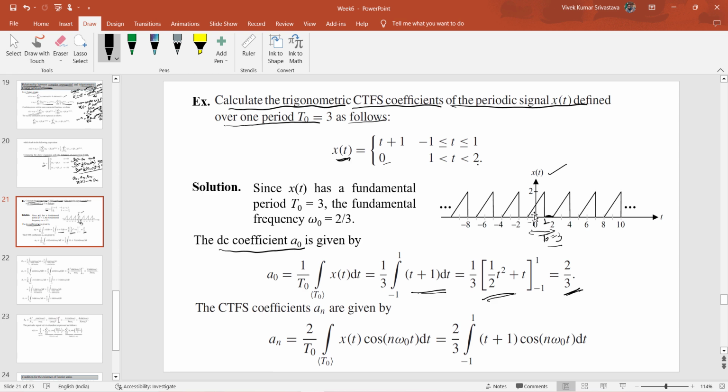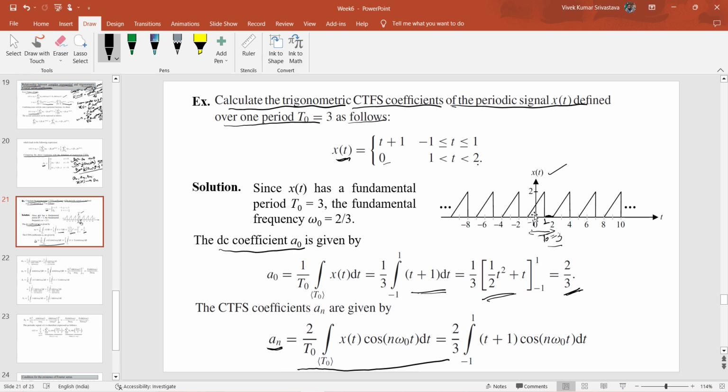Now the next task is to determine the value of an. For determining an we will use this expression: 2 over T naught integral x(t) cos(n omega naught t) dt.